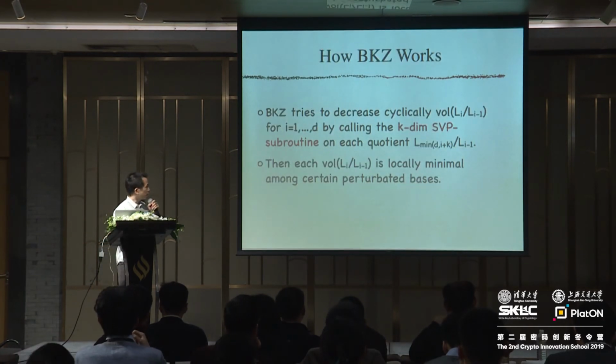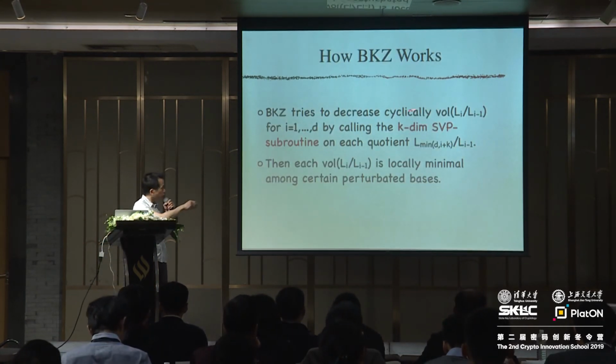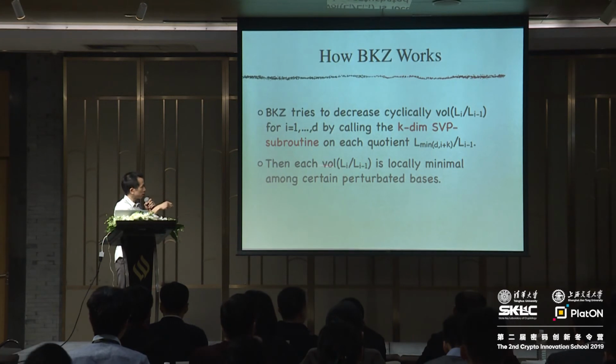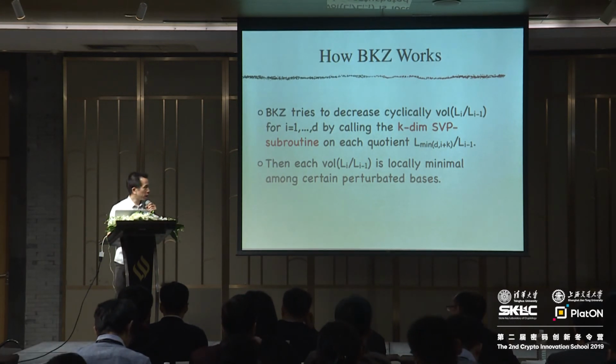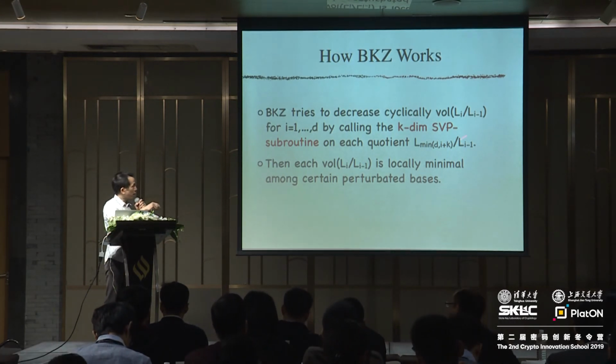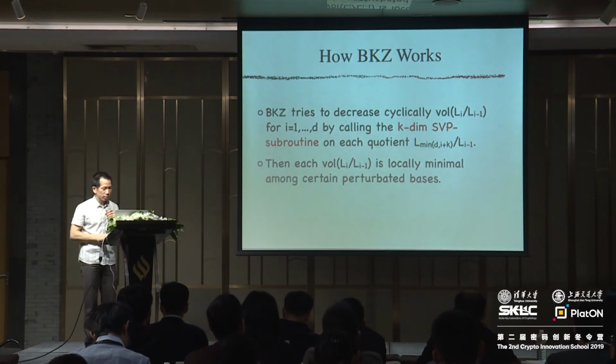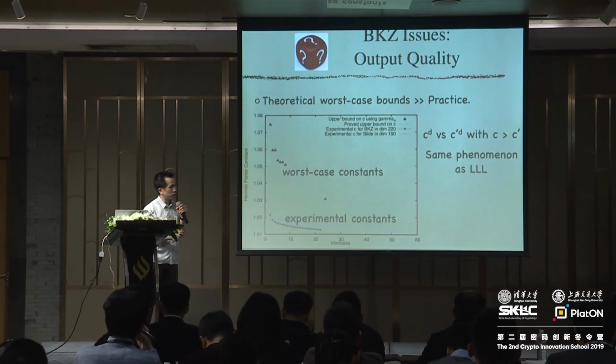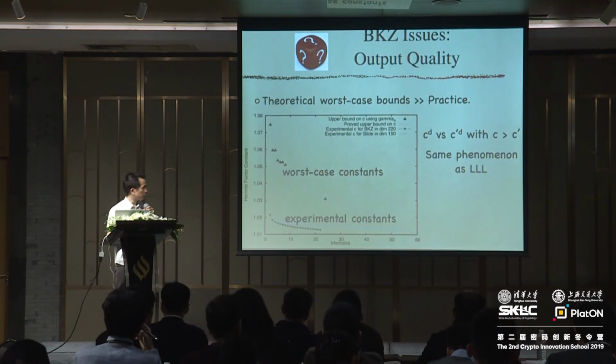So what you do in BKZ, I'm not going to describe BKZ, you work with these quotient lattices, and you call your subroutine on these quotient lattices. But you do it in a cyclic way, so that you make regular progress during the reduction. So one problem that you have when you do this is the gap between the worst case and the average case, like in LLL.